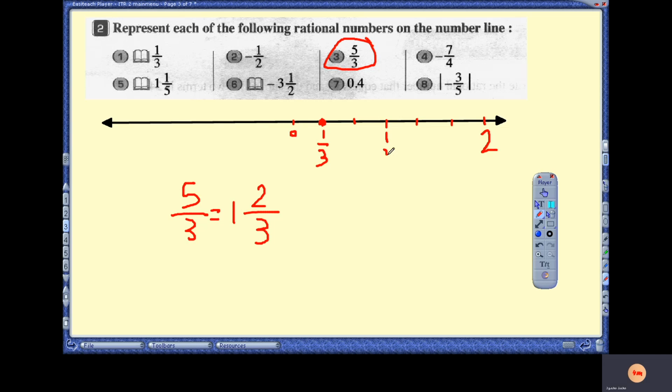So here 4 over 3, here 5 over 3. And it's easy to represent the others.